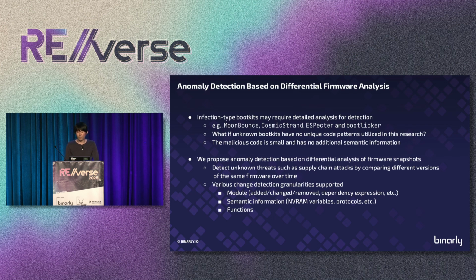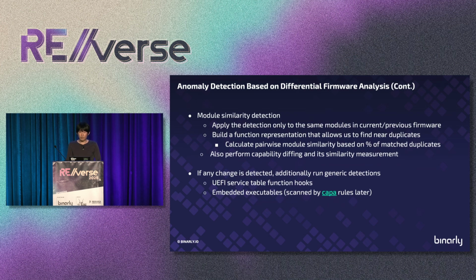We support multiple change detections at the module, semantic information, and function levels. Specifically, similarity of the same modules in current and previous firmware is mainly detected by function diffing. I mean, the percent of matched duplicated functions based on locality sensitive hash.